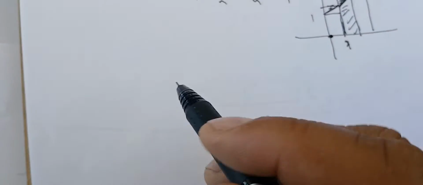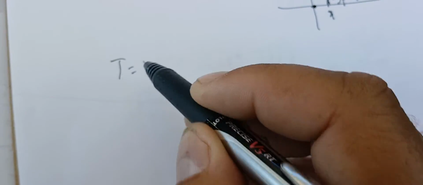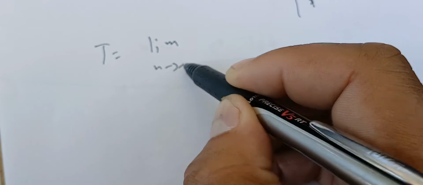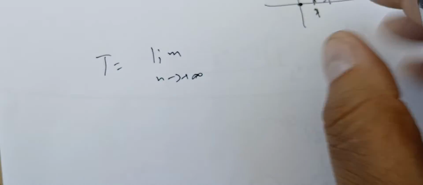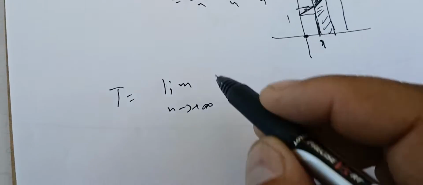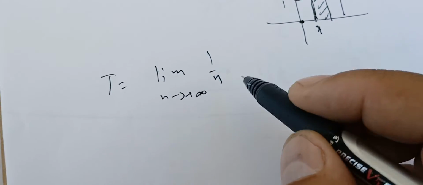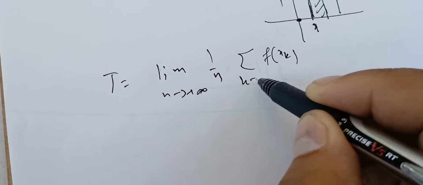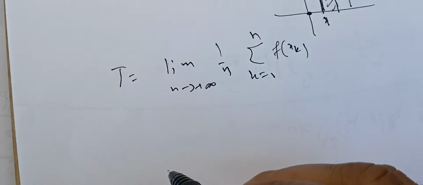How to do that? Let's call this sum T. By definition, it's the limit as n goes to infinity of the sum of the areas of the rectangles. It's 1 over n, the sum of f of x_k, with k going from 1 to n.